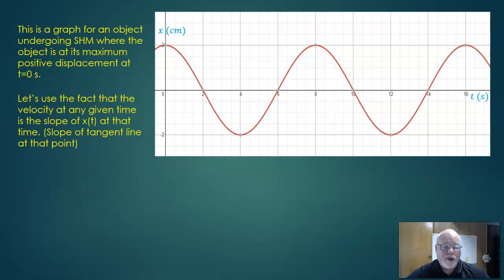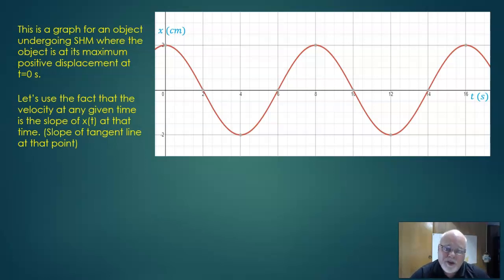Now you've learned in calculus that if you have a graph that's not a straight line, then the way you calculate the velocity at any specific point is you have to take the derivative. And of course, that derivative is just the slope of the tangent line at the point where you want to know the velocity. And that's what you're finding when you take a derivative.